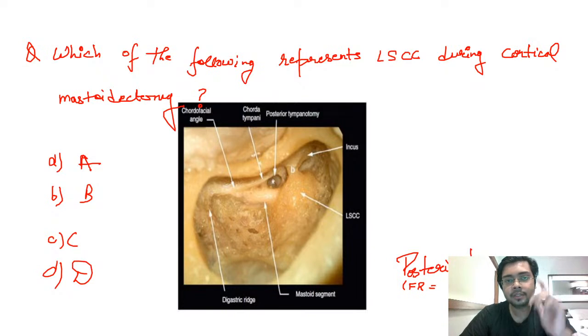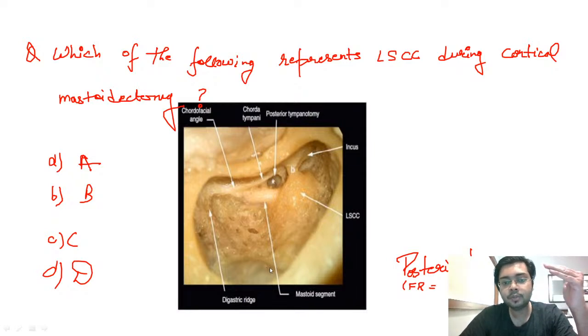The triangle of attack is used to drill for cortical mastoidectomy. The superior boundary is your tegmen plate, that means the dural plate, above which is the dura. Anteriorly is the spine of Henle and the posterior canal wall of the external auditory canal.